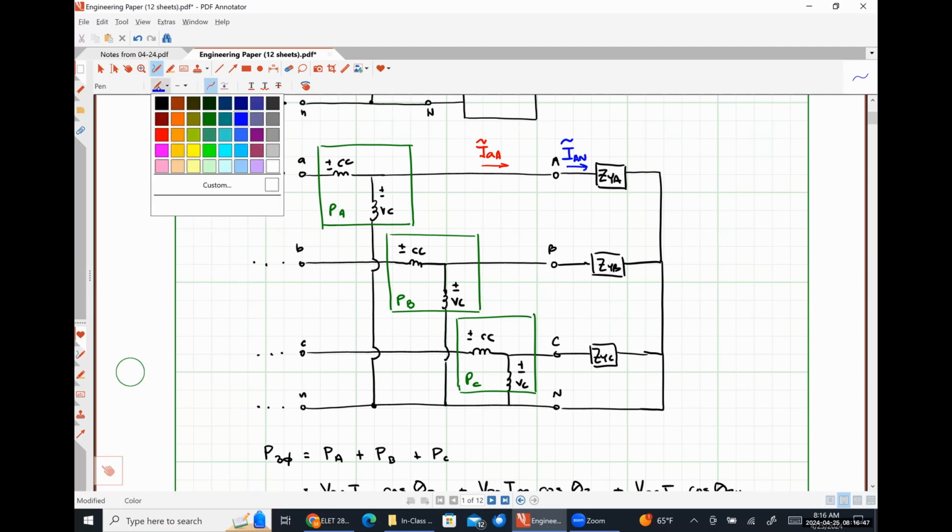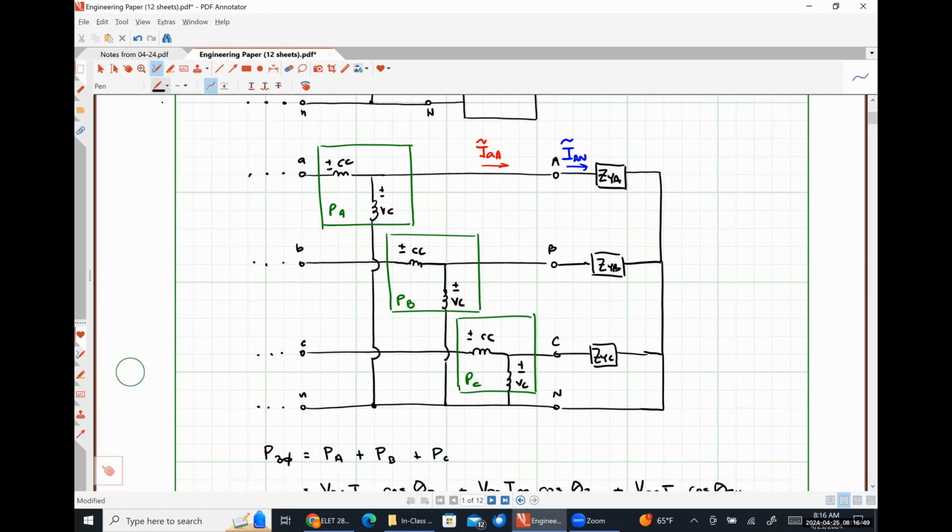Our voltage coil is connected between the capital A transmission line terminal and the capital N transmission line terminal. So it is effectively measuring this voltage VAN. So in this particular configuration, I'm just trying to be clear about this, all of what the wattmeter is giving us is based on phase voltages and phase currents.